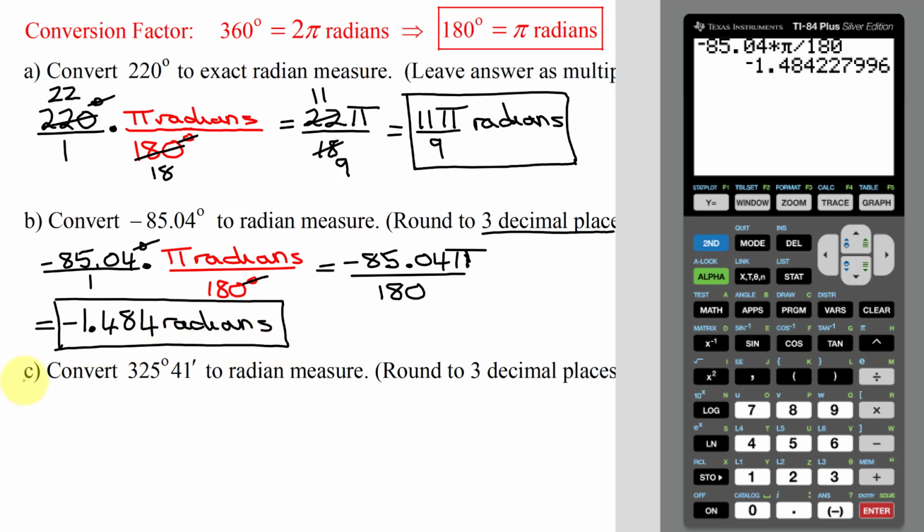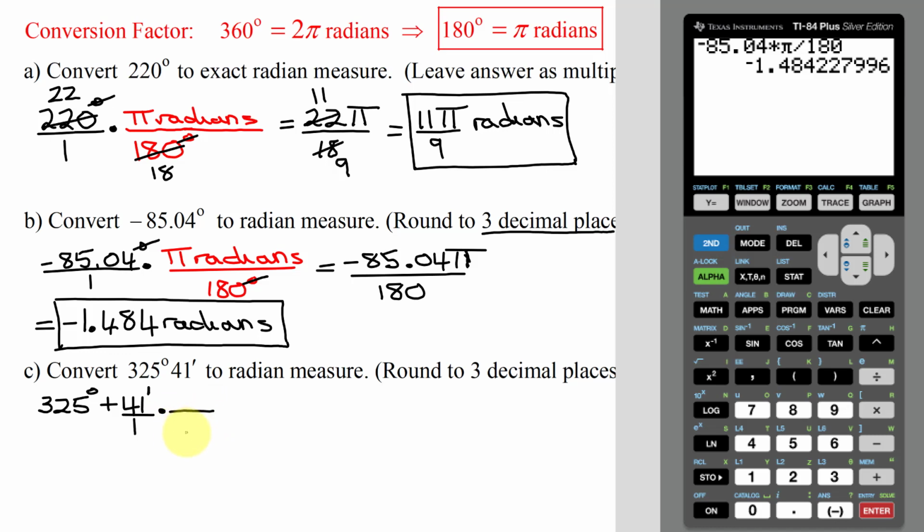And lastly, in part C, I need to convert 325 degrees 41 minutes to radian measure. Again, rounding to 3 decimal places. So the first thing I'm going to have to do is turn this angle into decimal degrees. And the way we do that is it becomes 325 degrees plus 41 minutes. We turn the 41 into a fraction by dividing it by 1, and then there are 60 minutes in a degree.